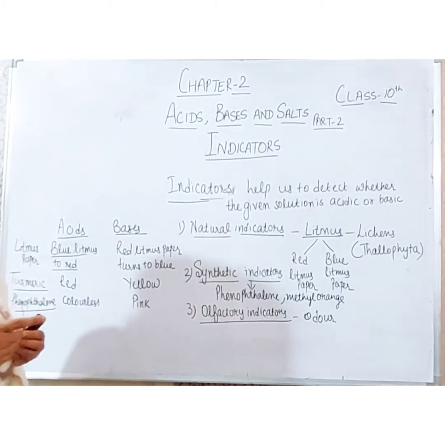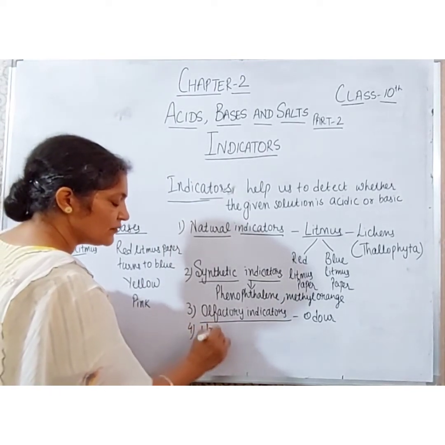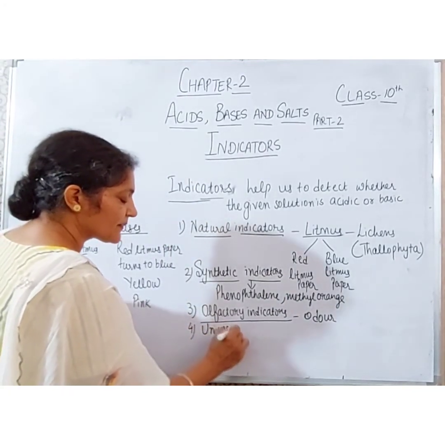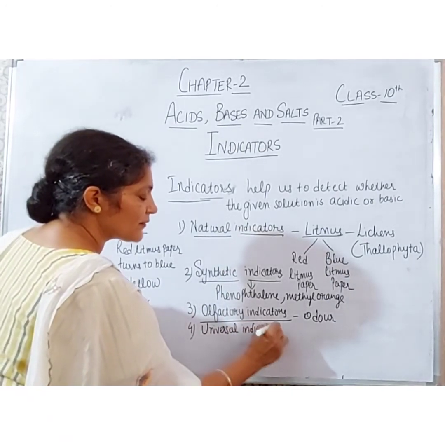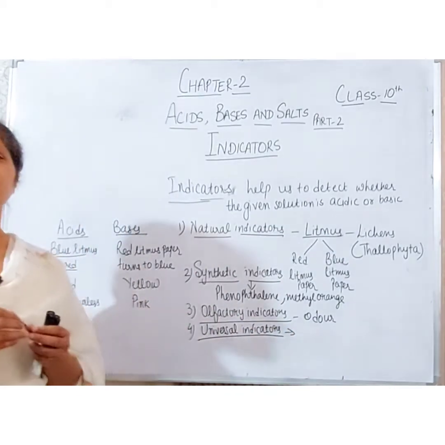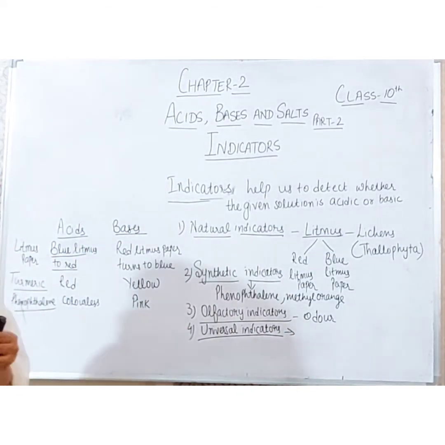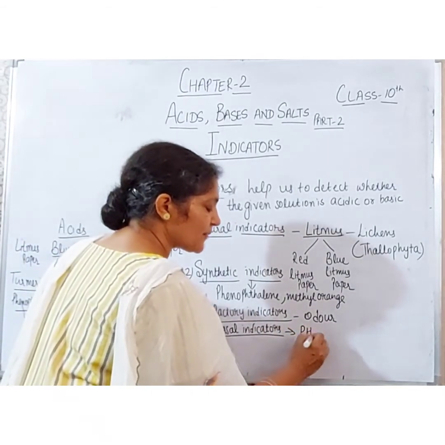Now the fourth type of indicators we always use are known as the universal indicators. These are formed by the mixing of many types of indicators. For this we have got pH paper.